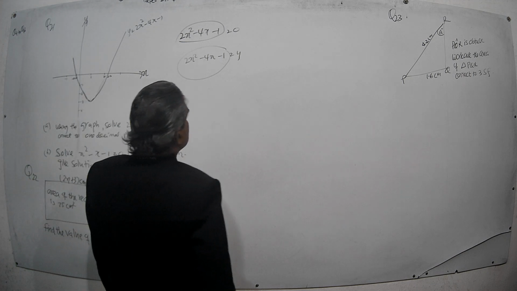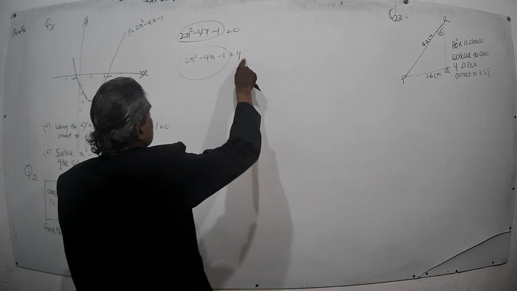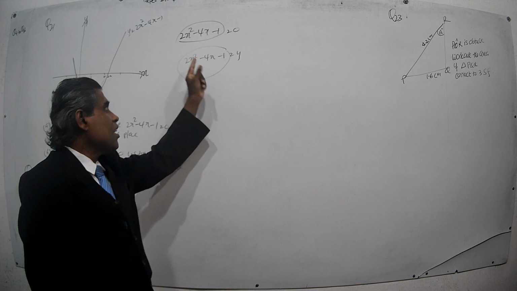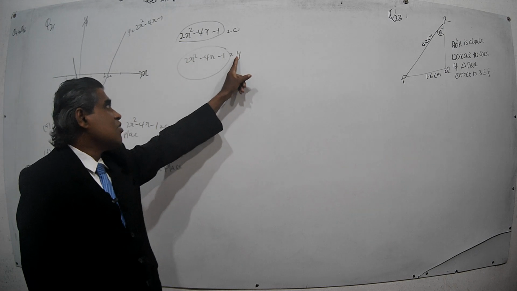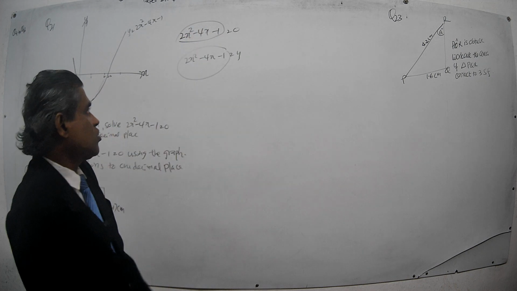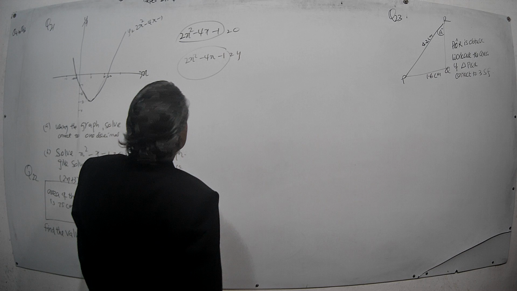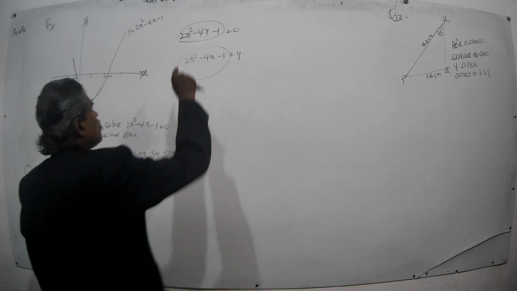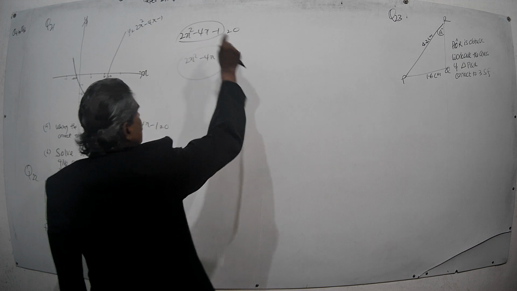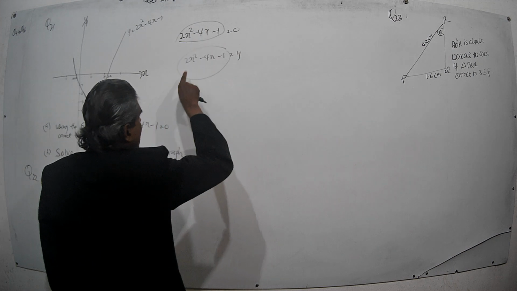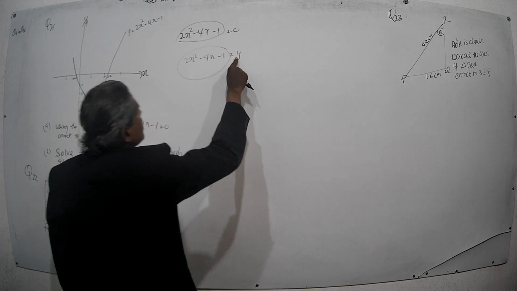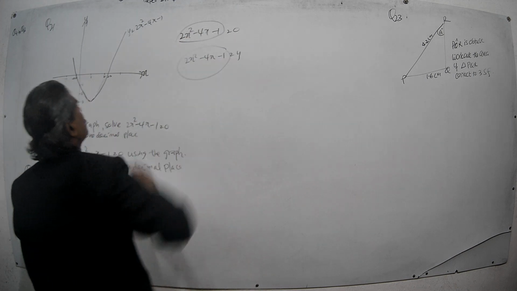But the right side is different: here it is y, here it is 0. Actually, in this graph equation, instead of y, 0 has been put to make this quadratic. We are asked to find the x value when y is 0. If you put 0 for this y, then you get this quadratic equation.